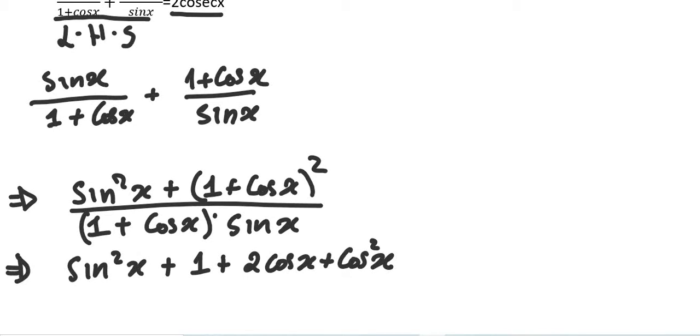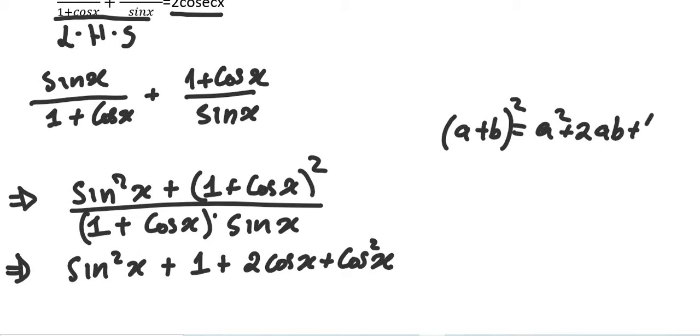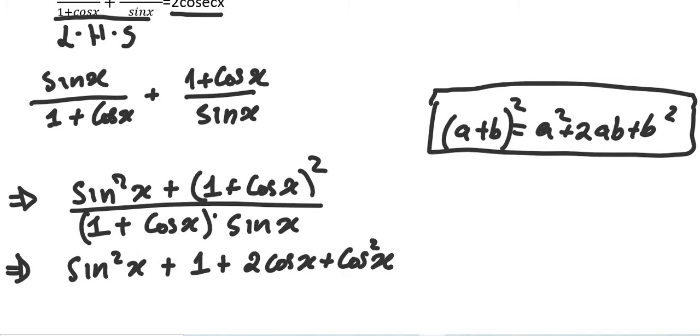We know that (a plus b) all squared is equal to a squared plus 2ab plus b squared. So this is the expression we use to expand this expression.